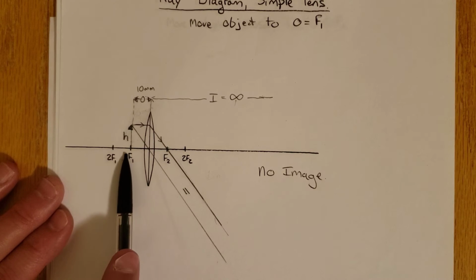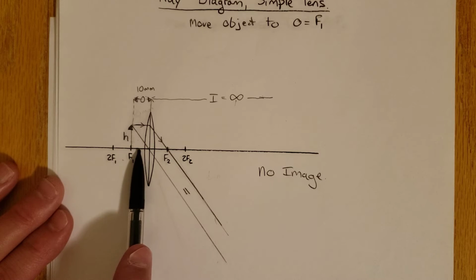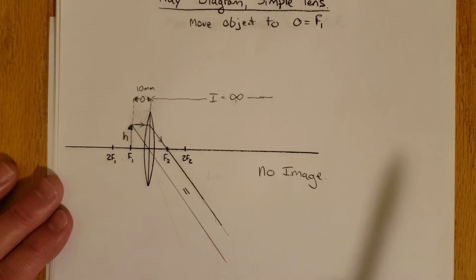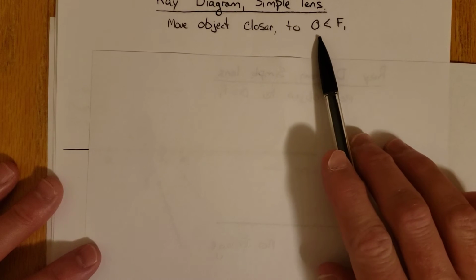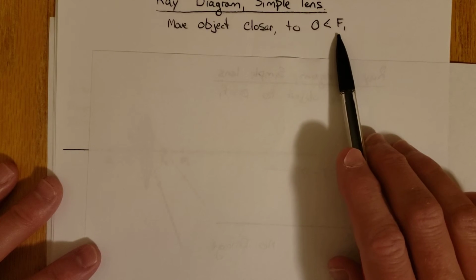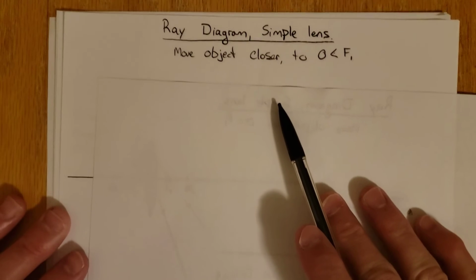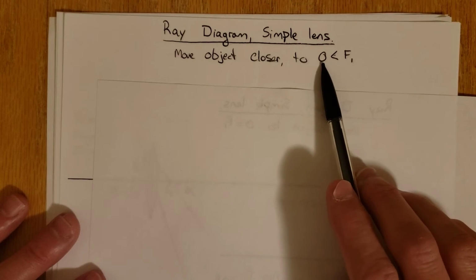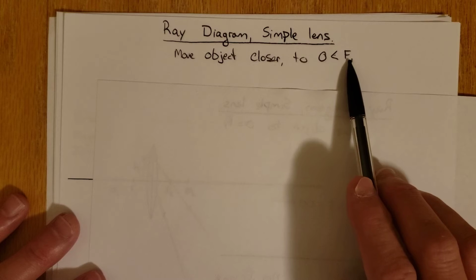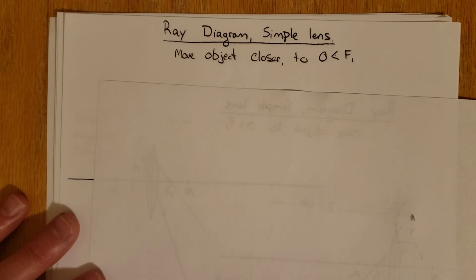But let's keep moving that object closer and closer to the lens, so that the object length is now smaller than the focal length. You may remember that in the previous video I claimed that both object length and image length needed to be larger than the focal length for our real image to work out.